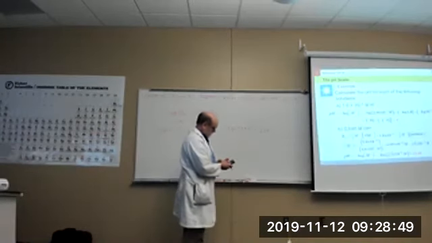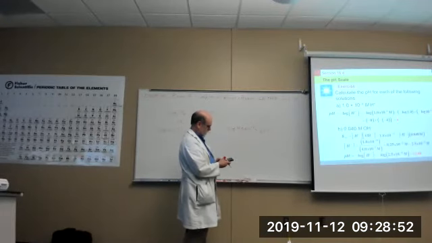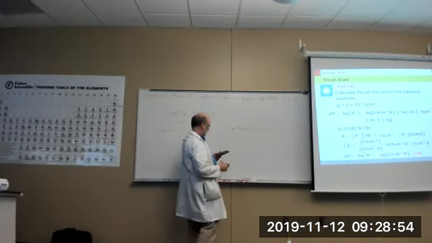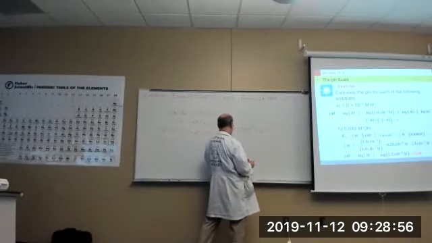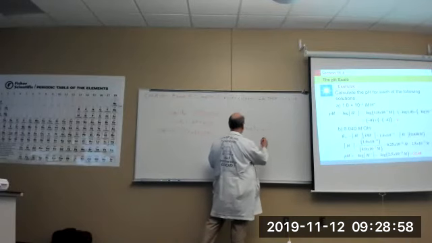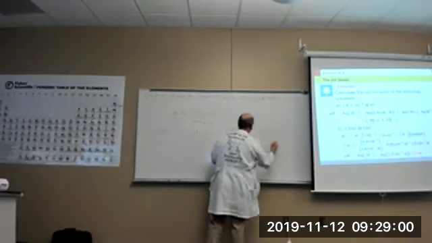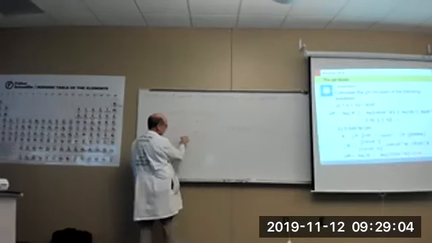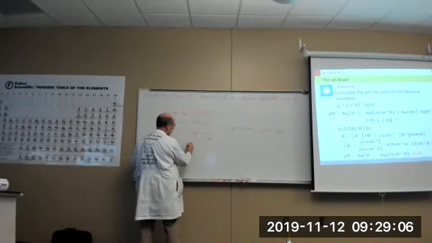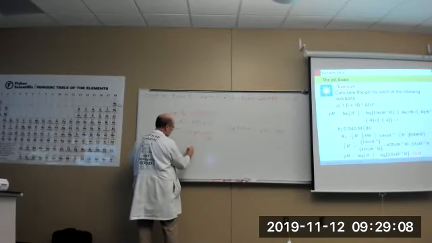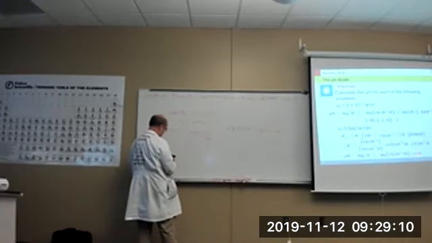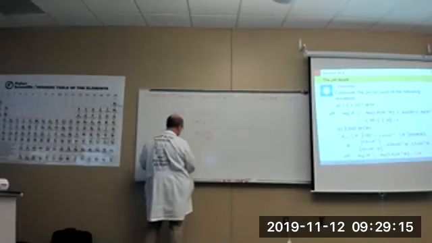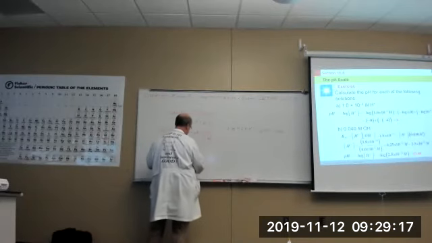There it is. And change the sign. So this is 1.40 rounded off. Then if we put 1.40 here, that means that 14 minus 1.40 equals 12.6 pH.